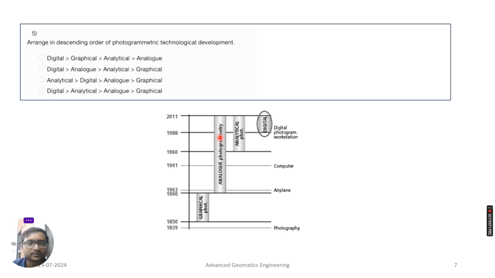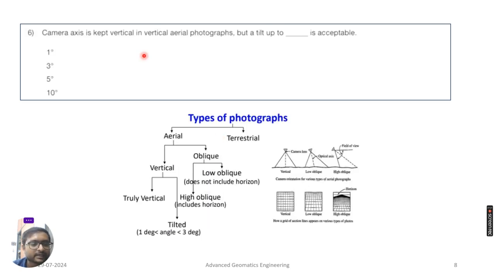Then advancement of photogrammetric tools. From graphical we went to analog, then analytical, and then digital tools for creating photographs. Then the camera axis is kept vertical in vertical aerial photographs, but tilt up to which level is acceptable?